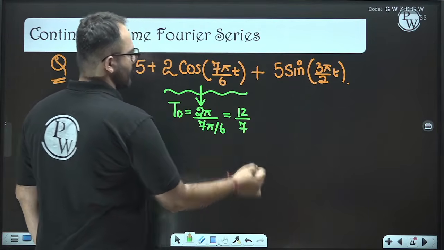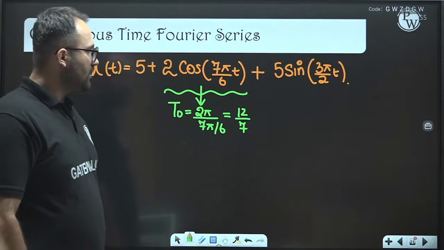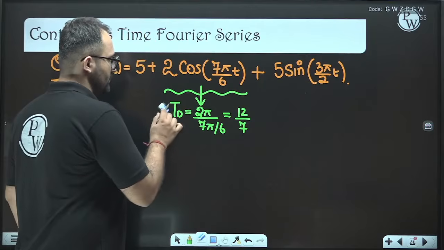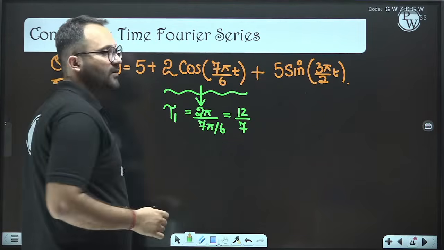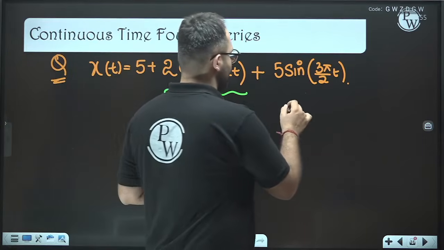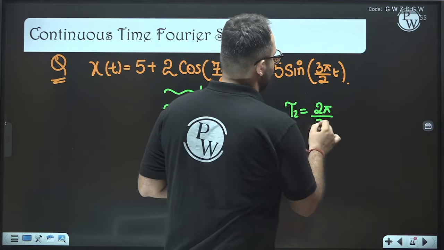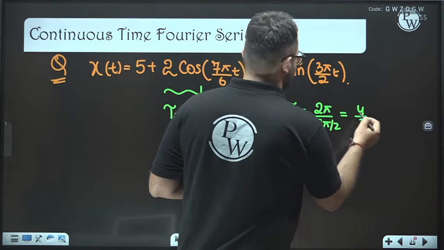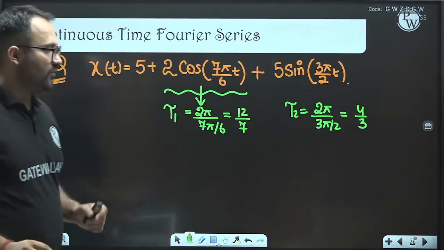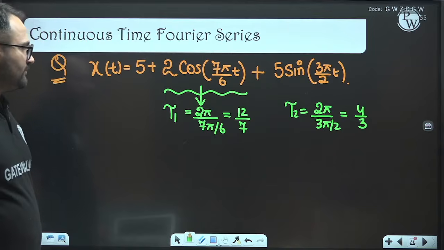Okay, 12 by 7 is the period, T1. Okay, second one, T2, 2 pi by 3 pi by 2. This will come out to be 4 by 3. Okay, 4 by 3 is the period. So these are the periods T1 and T2.